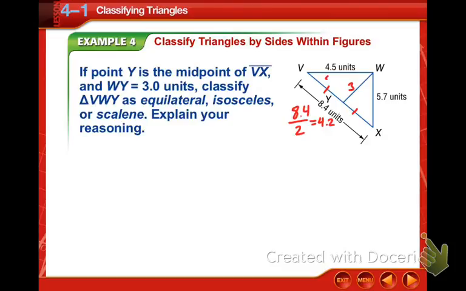So both of these are 4.2. And we have no equal sides on any of the triangles in here, whether we're looking at just VWY or VWX or WYX. None of them have congruent sides at all. So all three triangles pictured here are scalene.